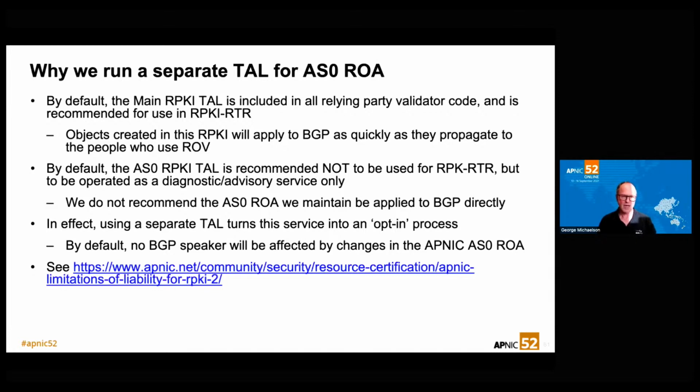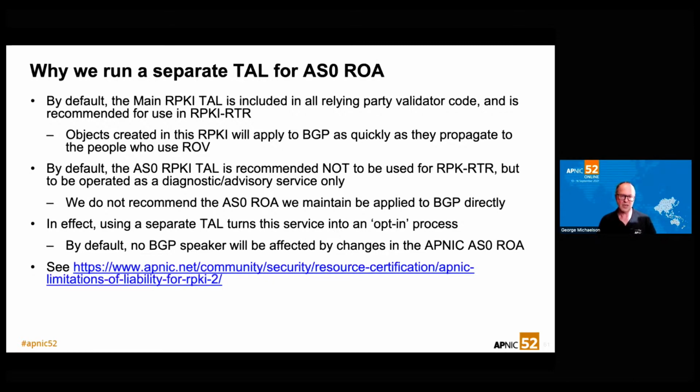After review by the APNIC EC and APNIC's lawyers, we decided this wasn't a wise position to take, because everything else we do in the main RPKI is a positive assertion of delegation. And nothing we do other than this has a direct impact in BGP. It's filtered through route filter construction or other processes. Some things like reverse DNS, they do have direct immediate change, but that has a lower operational impact than BGP.